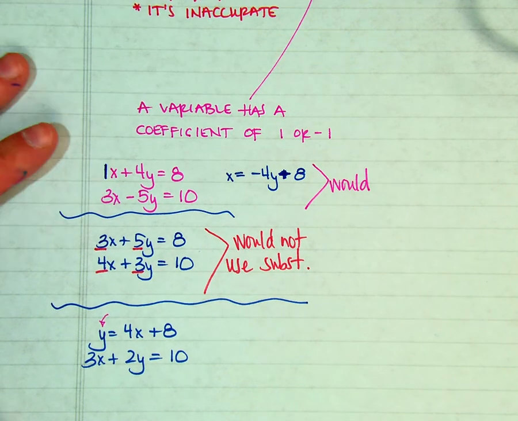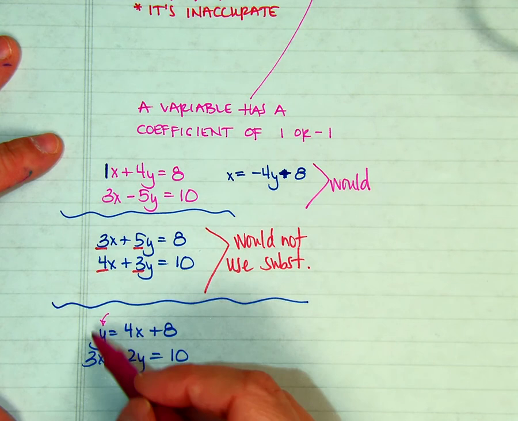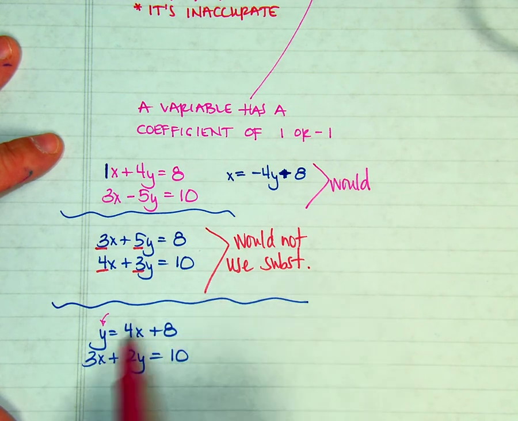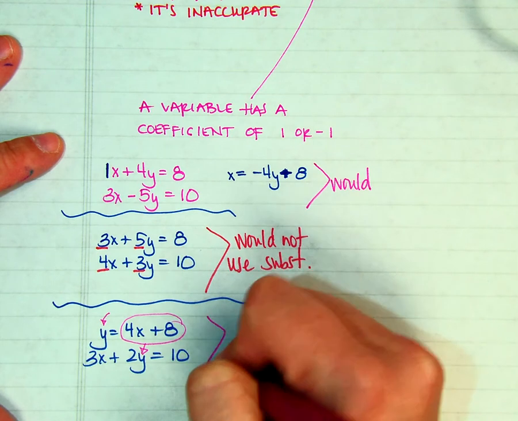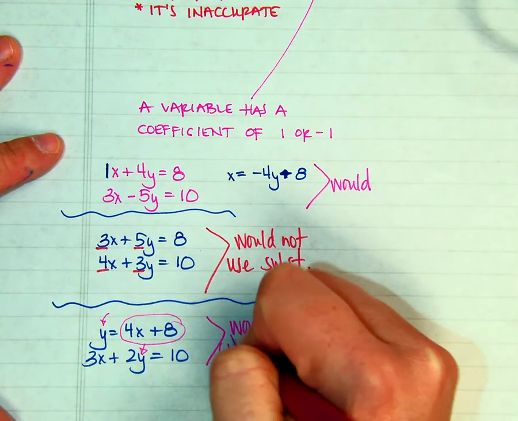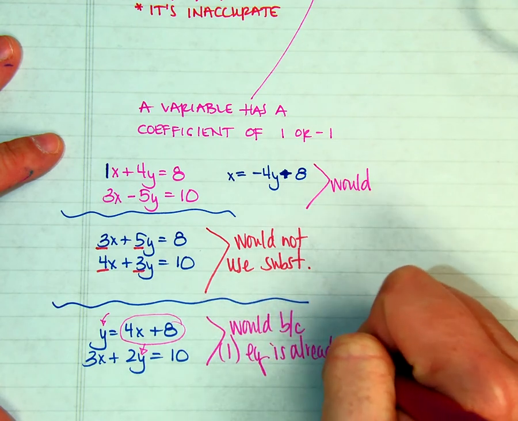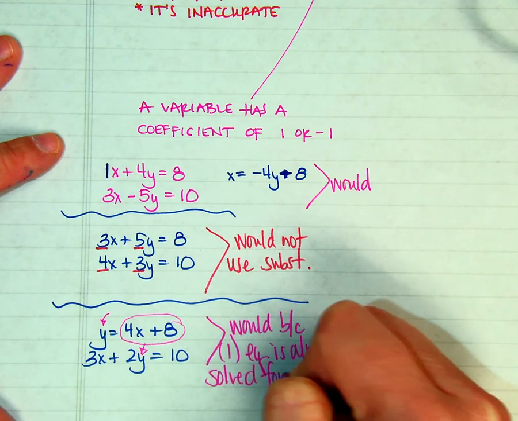If I were solving this by elimination, I would have to subtract 4x and bring it over to the other side so I can have my x's, y's, and constants lined up. This is already solved for a variable, so I would take this and plug it in. So this is one that I would use substitution for, because one equation is already solved for a variable.